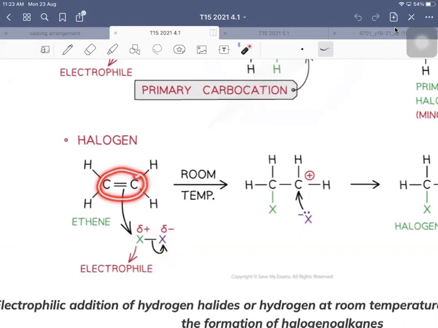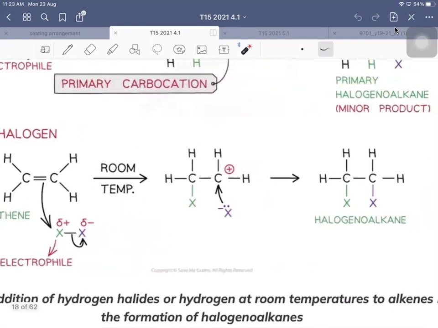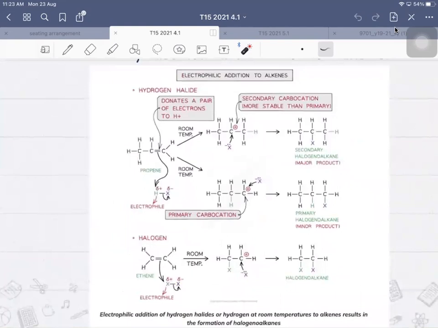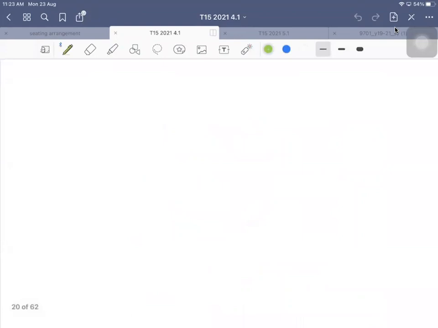So if you have an alkene with, say, 20 carbon atoms, the only reactive site of that alkene is where your double bond is. The rest of the molecule will just stay inert. Okay, so that's the reaction of your alkenes with either hydrogen halides or with halogens. If you could just label this in your notes where you have this diagram.